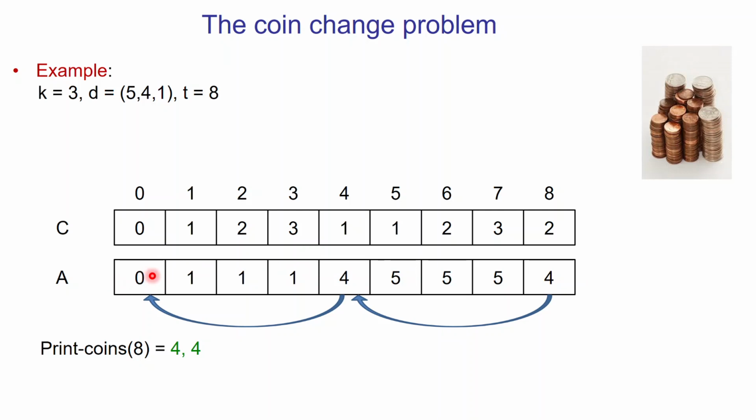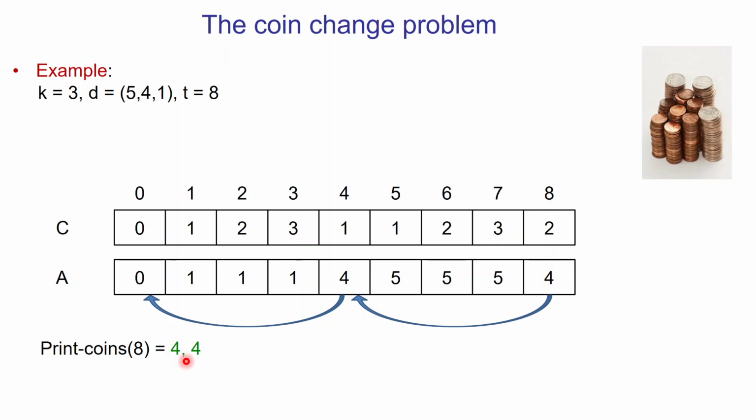For example, for 1 you have to use a coin with value 1. For 4 you have a cost of 1 if you use the coin with value 4. With 5 you have a cost of 1 if you use the coin with value 5. And for 8 you have a cost of 2 if you use the coin with value 4. So this will be the first coin to output, 4.